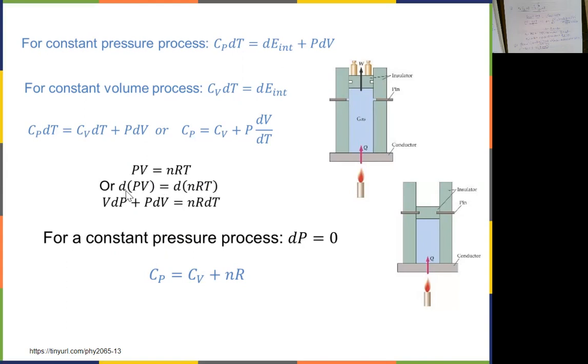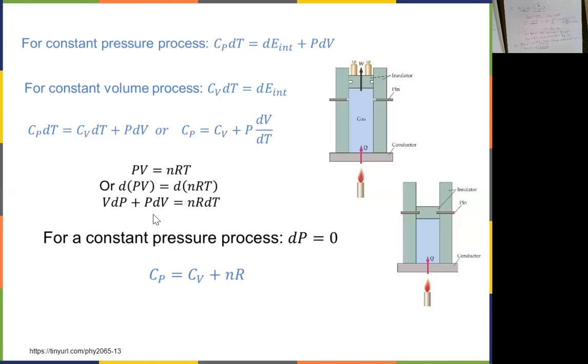There are two variables on the left, P and V, so it becomes two terms, V dP plus P dV. There's normally just one variable on the right, temperature. n and R are constants. n is usually also constant if you just look at a particular collection or gas system. So then it's equal to nR dT.